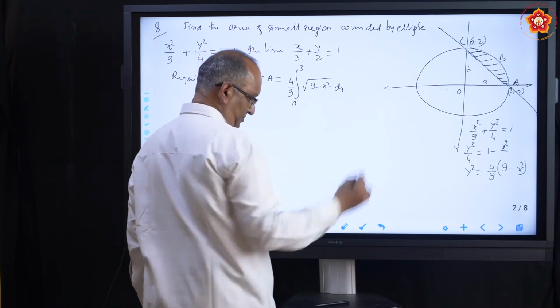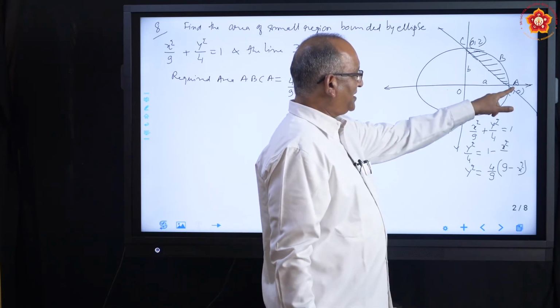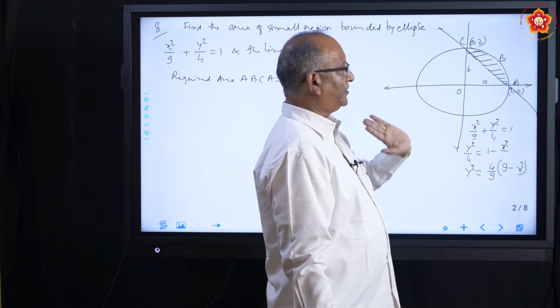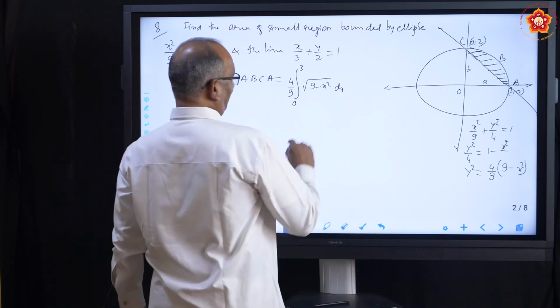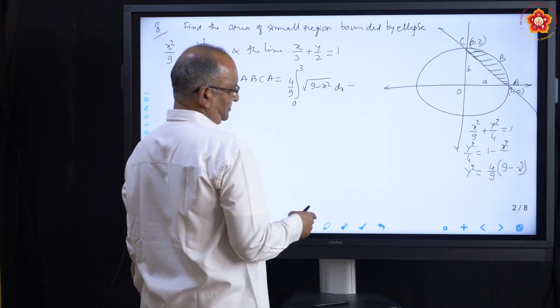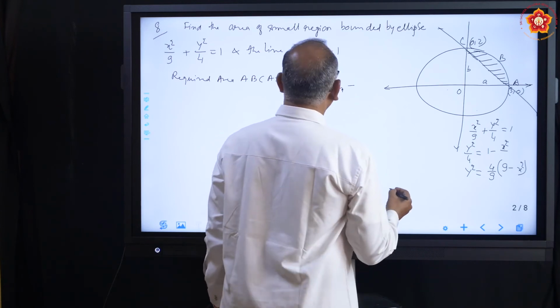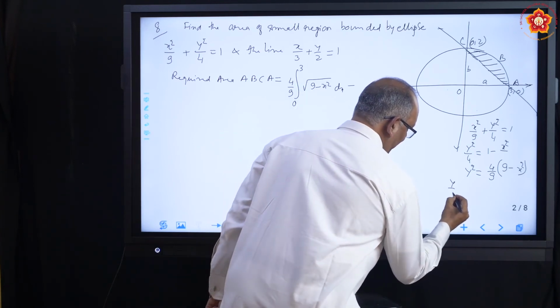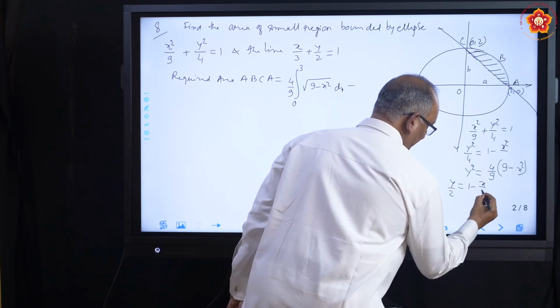That is the curve. So what you are going to get? You are going to get actually OCBAO. This whole thing you are going to get. From this we want to remove the triangular area. So we will say minus, take this equation. What is the equation? And try to write y in terms of x. So we will say y by 2 equal to 1 minus x by 3.